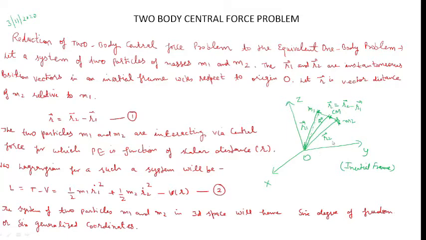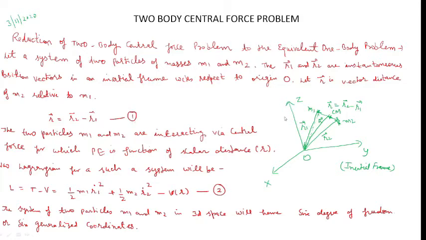Let us say that the center of mass of the two body system m1 and m2 has the position vector R from the origin O. Now we can write vector r equal to vector r2 minus vector r1. Let us say it is equation number 1.